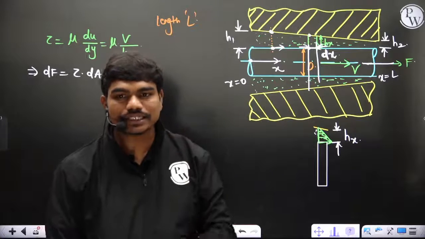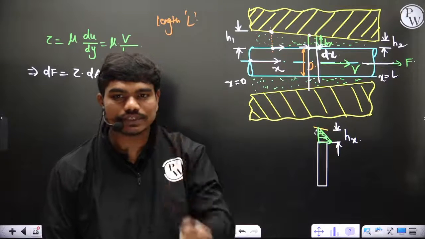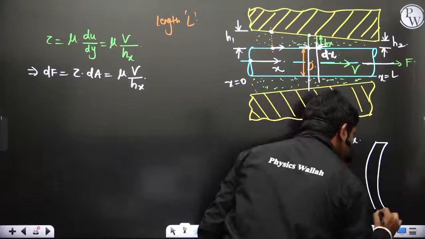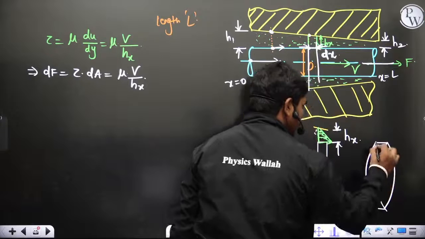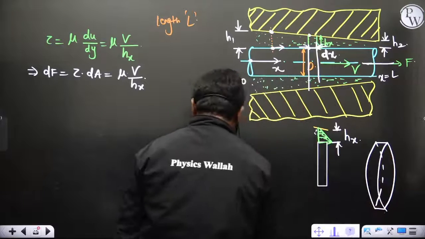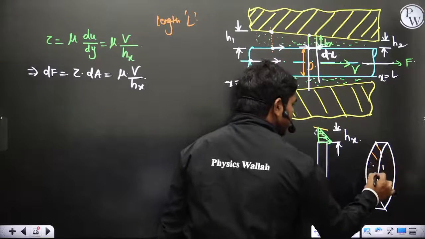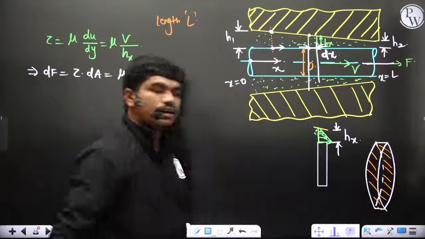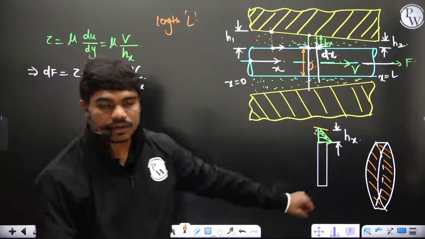So at a distance x, what could be the surface area? Undoubtedly this is the area which comes in contact with the fluid. So can anyone tell me what is this area?